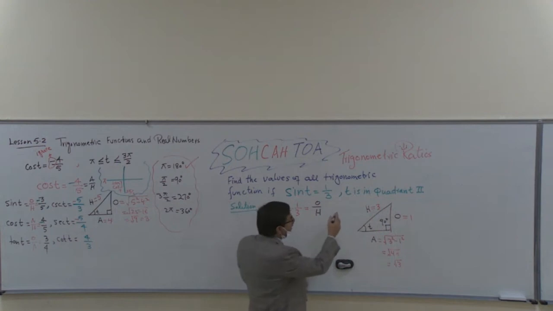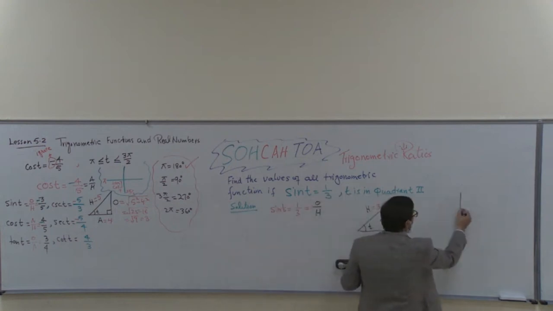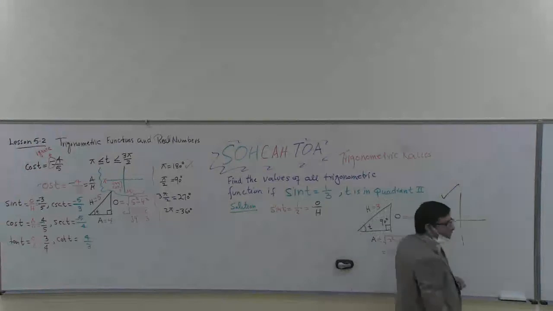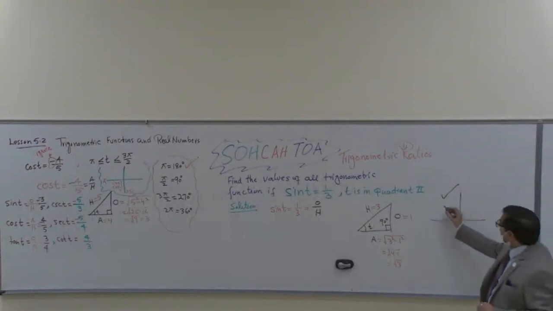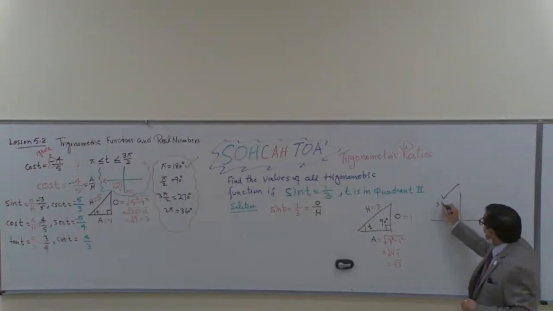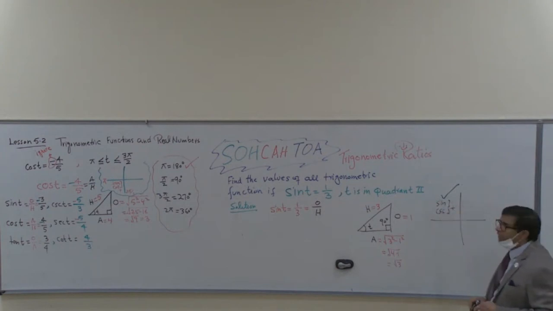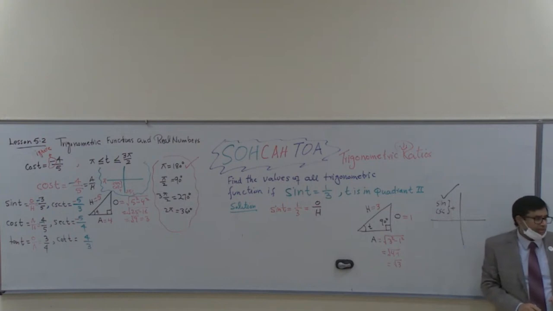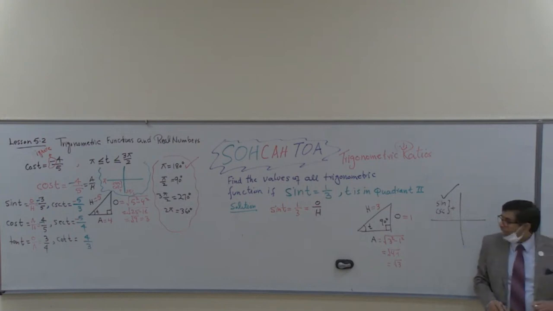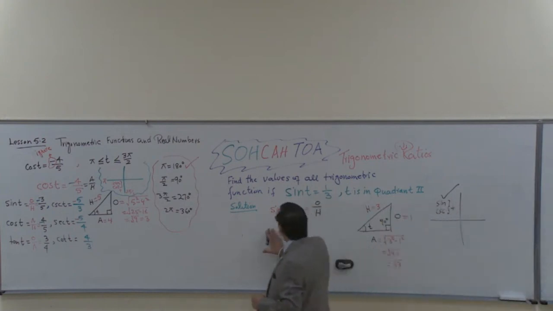And the second thing we are given over here: t is in the second quadrant. We are here in the second quadrant. Tell me the signs of the trigonometric functions in the second quadrant. Sine and cosecant, these two functions are positive, the rest of the functions are negative. Okay, now the formula is very simple.